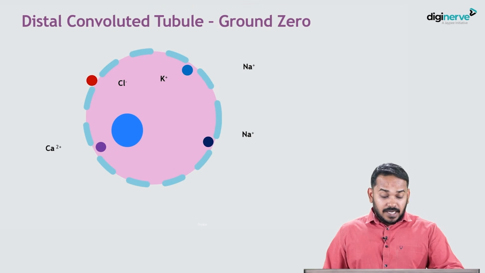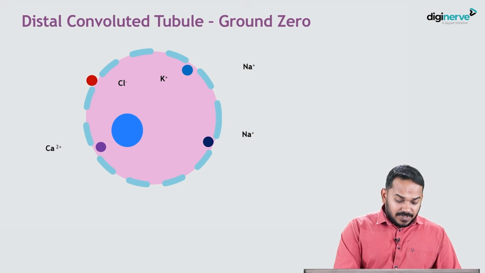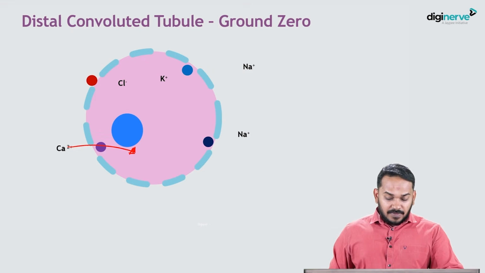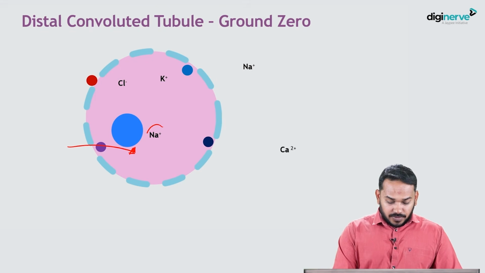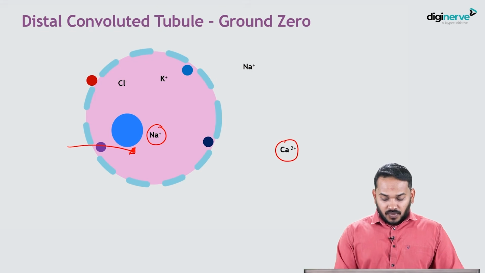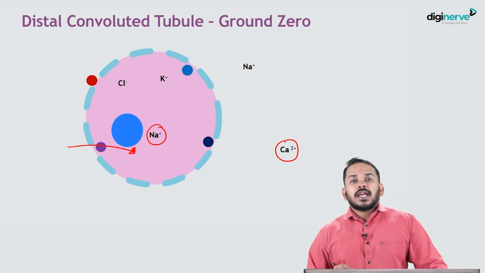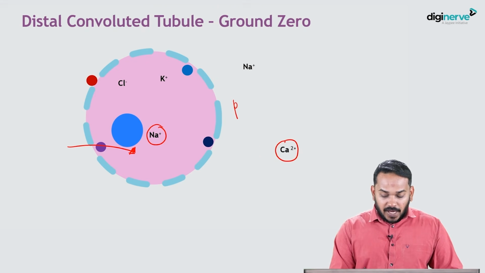The luminal surface of the distal convoluted tubular cells also contain calcium channels, and these calcium channels will reabsorb the calcium, and the absorbed calcium will be exchanged for sodium ions. So this is a site where parathormone acts.